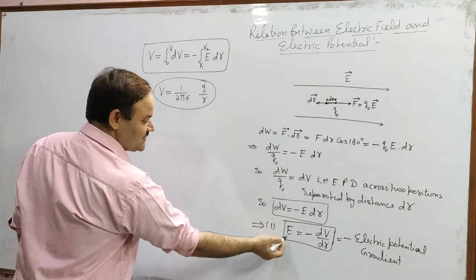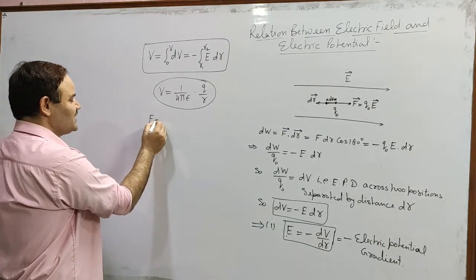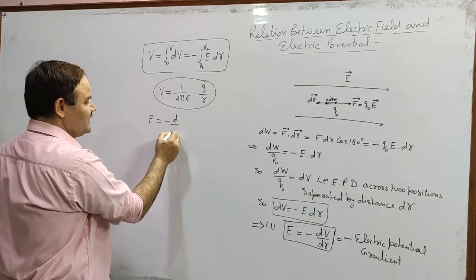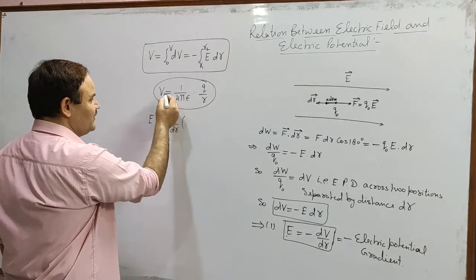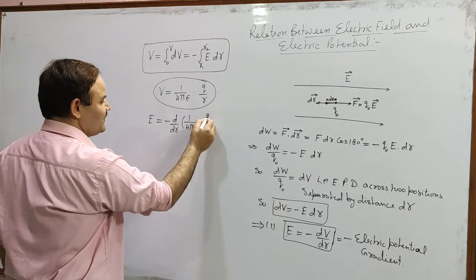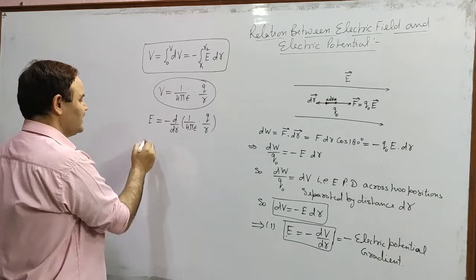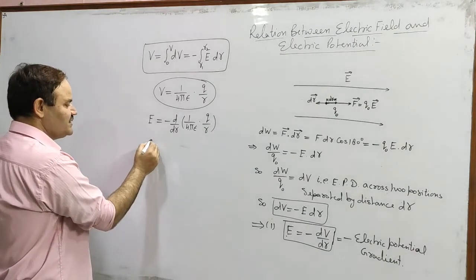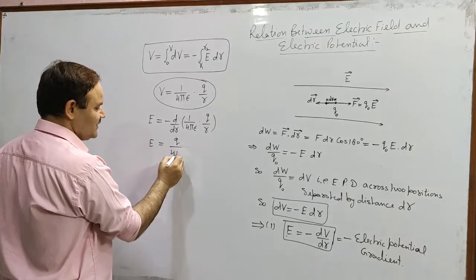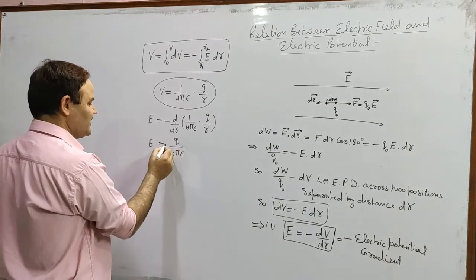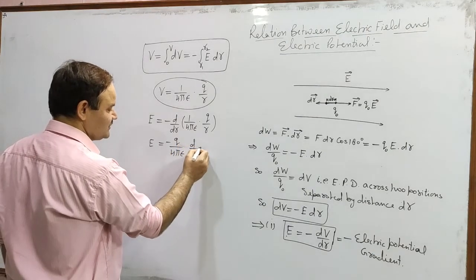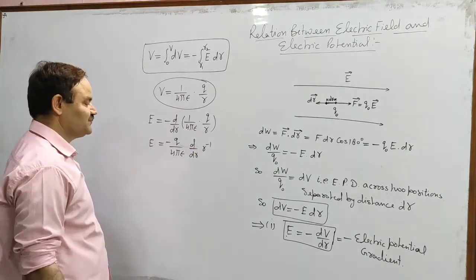And if we are using this expression, then electric field due to point charge will be minus d by dr of V, that is 1 over 4 pi epsilon Q by R. And this gives E is equal to Q upon 4 pi epsilon outside the differentiation and d by dr of r to the power minus 1.